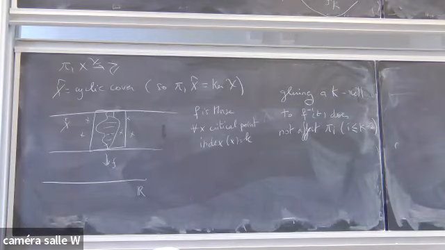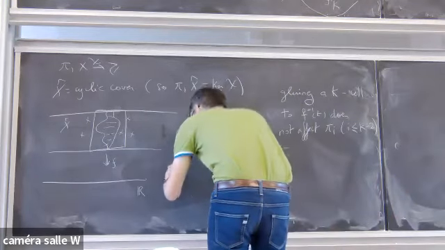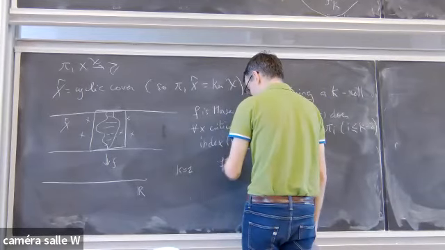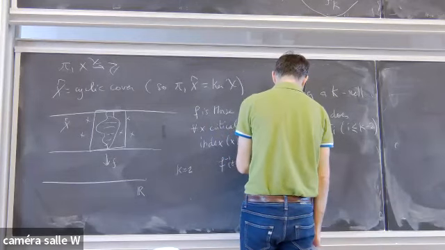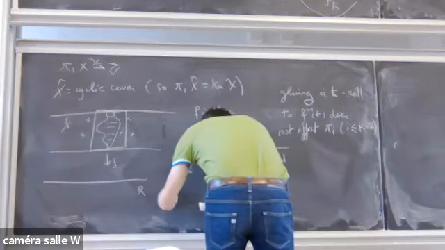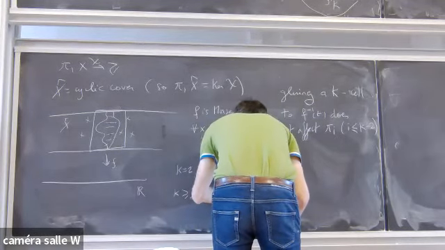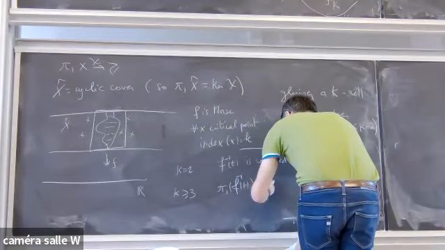So at the end of the day, what you get is that if you are in dimension 4, so k equal to 2, this level set is connected. And if you're in high dimension, what it says is that the pi_1 of the level set is isomorphic to the pi_1 of X hat.